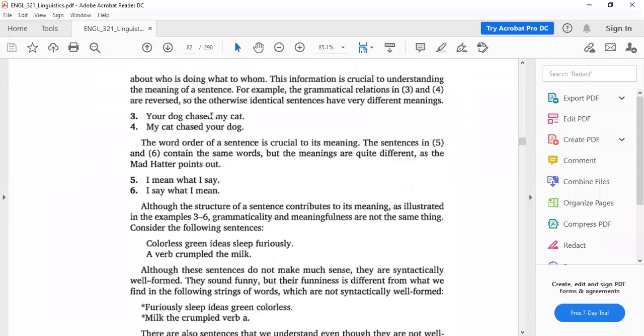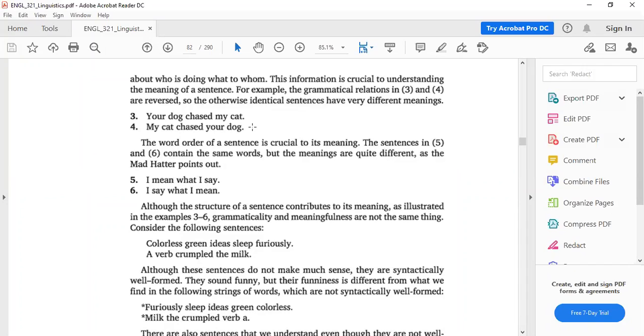Now 3, your dog chased my cat. 4, my cat chased your dog. These two sentences have identical words, right? They have identical words, but do they have the same meaning? No, of course not.